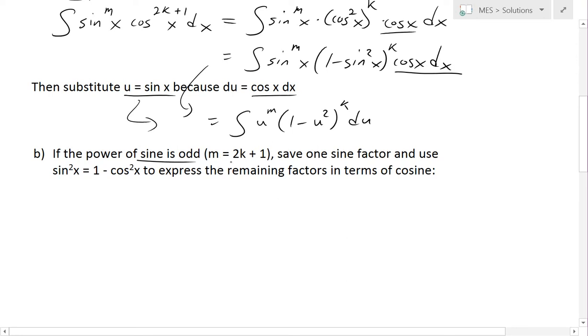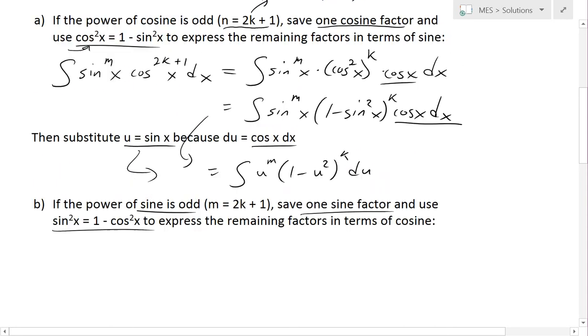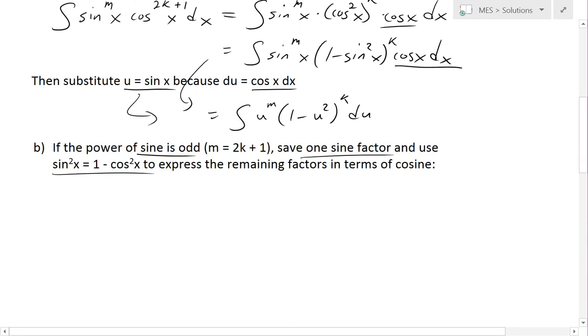Now the second case is if the power of sine is odd. For example, m is equal to 2k plus 1. Then we save one sine factor and use the identity sine squared x equals 1 minus cos squared x. We basically do the opposite of the first step to express the remaining factors in terms of cosine.